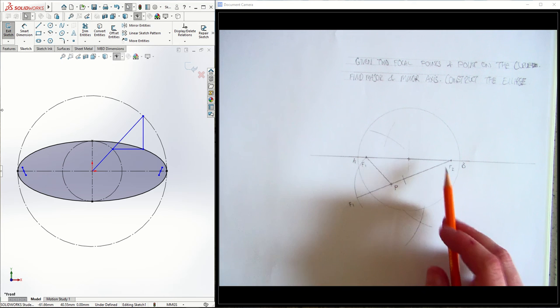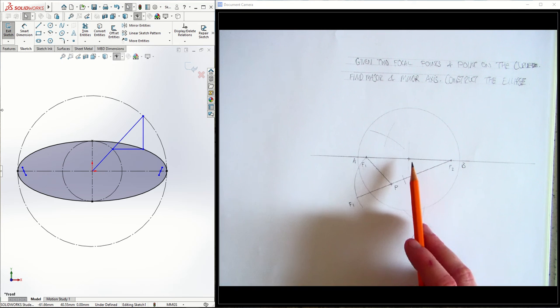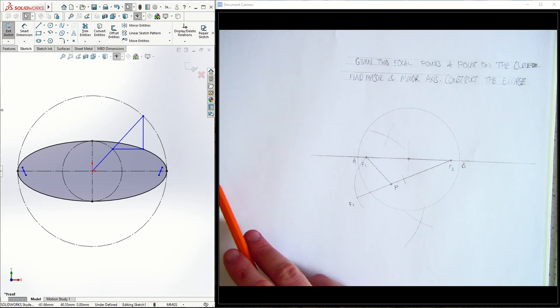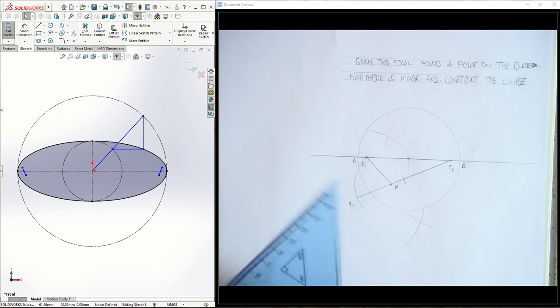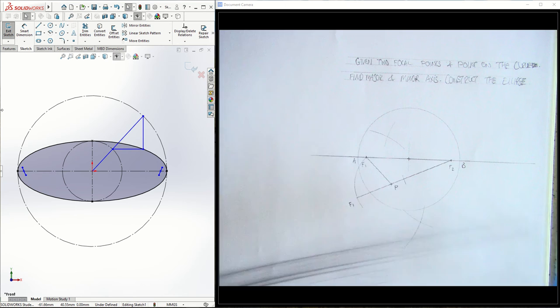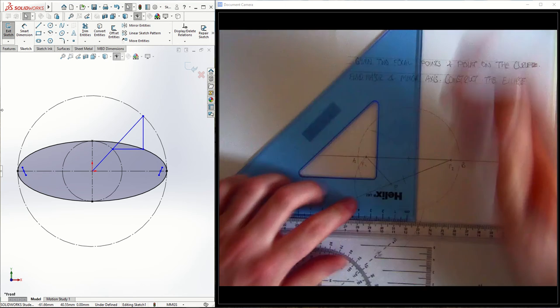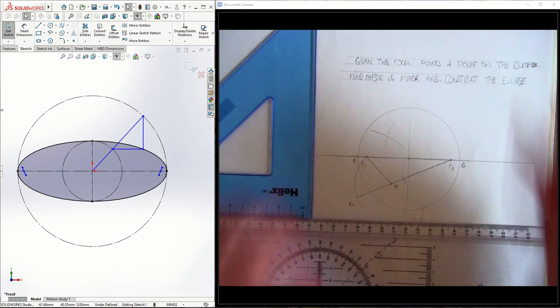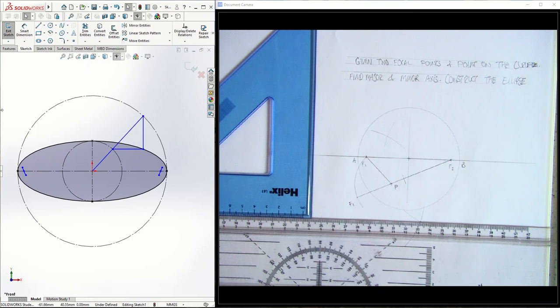From here I have to find the minor axis. We can come back and use the same principle as in the previous question, or another thing we can do is this: I know my minor axis is somewhere along this line. I want to find the minor axis.